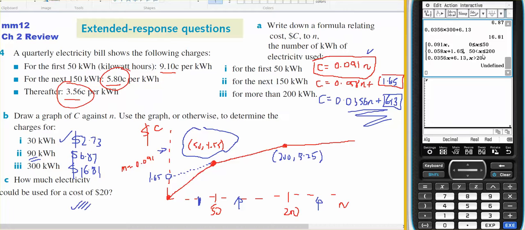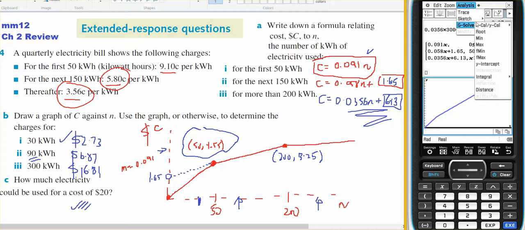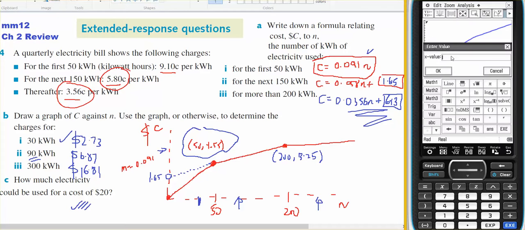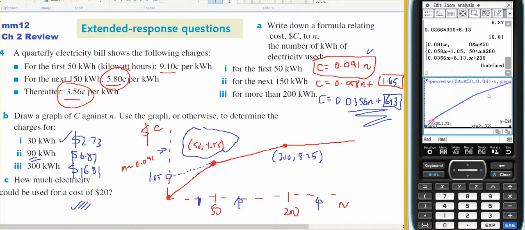I'm going to touch that, drag and drop, and there's my graph. And just to confirm these answers, if I go analysis, G-solve, I want a y calc when x equals 30. And that tells me that it is $2.73.